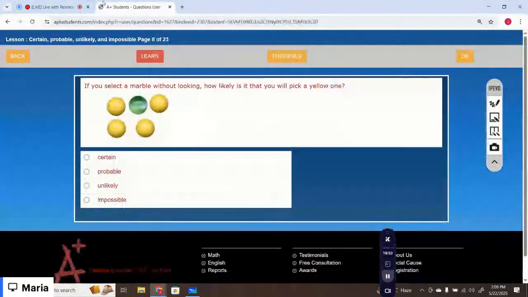How likely is it that you will pick a yellow marble? So which is the correct option? It is probable you will pick a yellow.